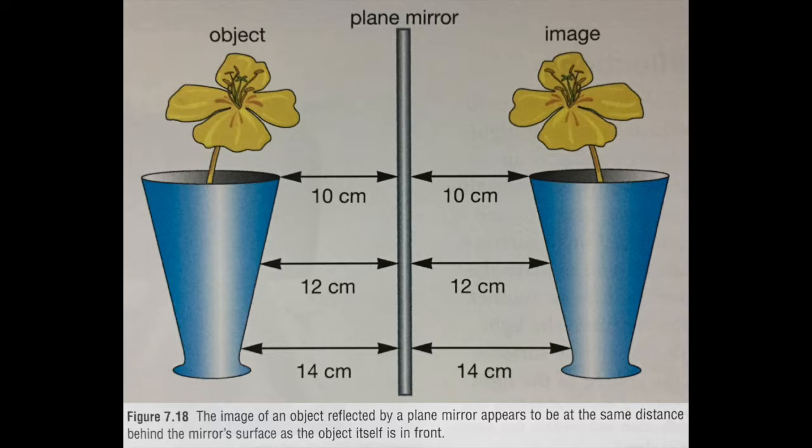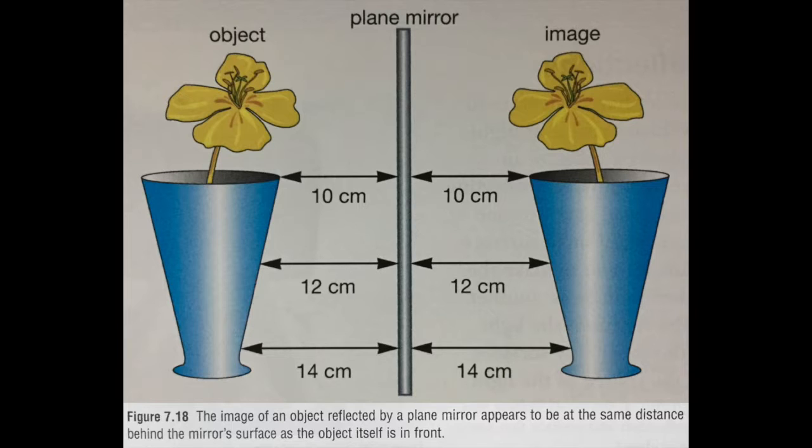Mark a point at the same distance behind the reflecting surface. Do this for several other points on the object until you can see the object's shape and size emerge from the points. If you do this for enough points, you could connect the dots to draw the location and shape of the image formed by the reflection.